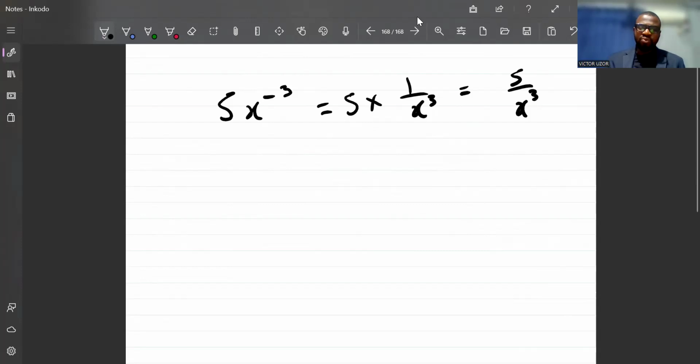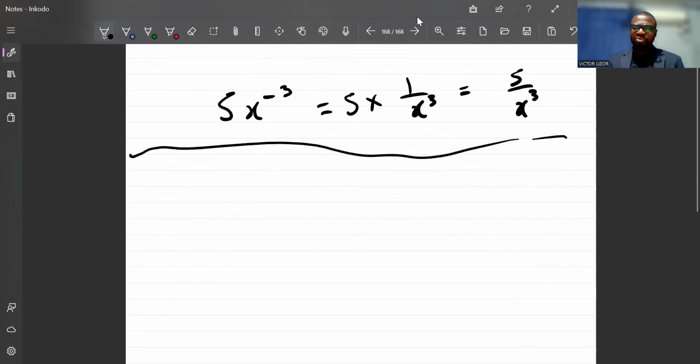Another law that we are going to be familiar with, because you must have proper knowledge of all the laws, is the fraction index, meaning that the indices have a fraction. Let me say we have x over y.